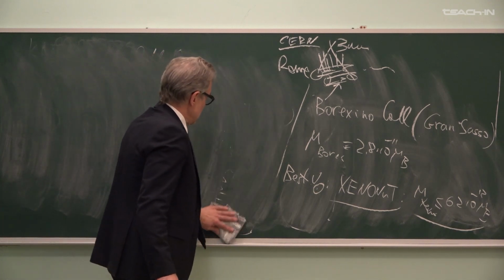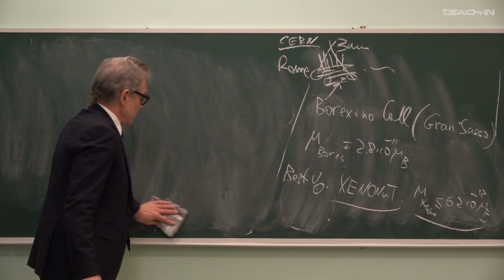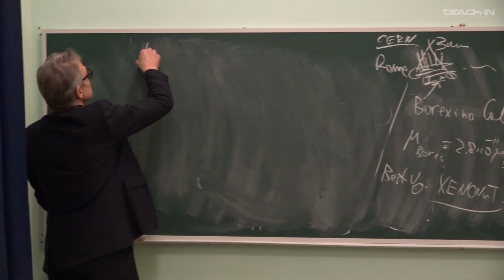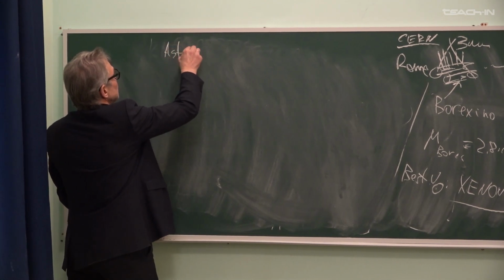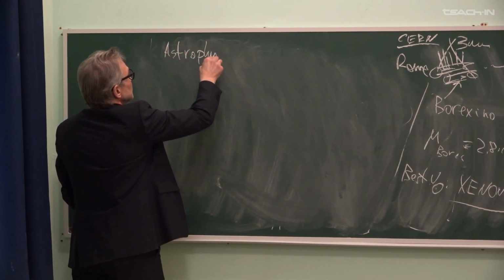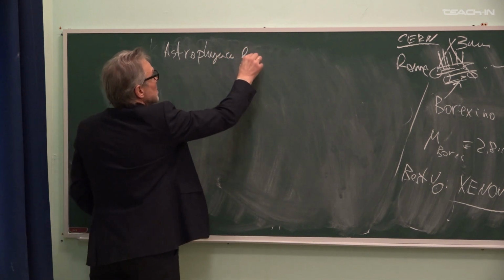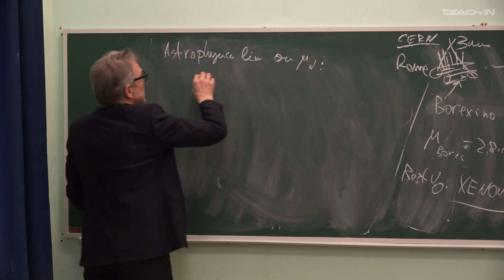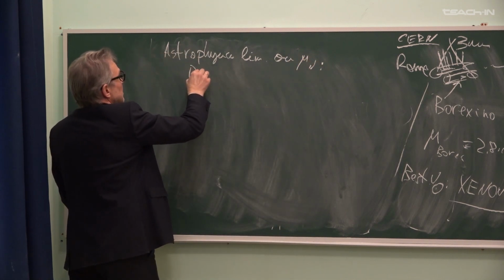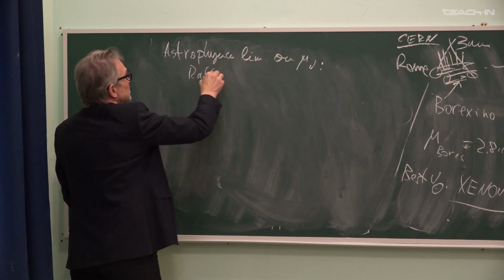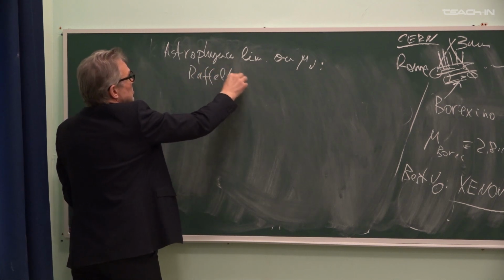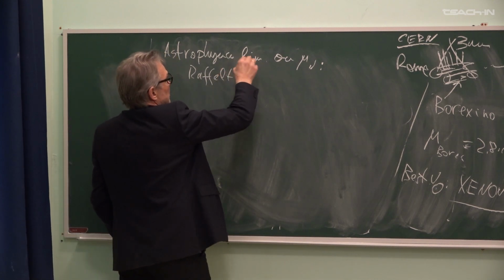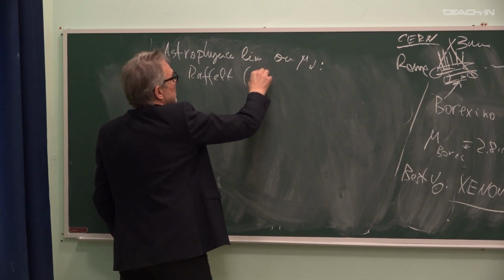I would say the first astrophysical limits just came from studies of Georg Raffelt, a famous German neutrino physicist and astrophysicist, in the 90s, I think.